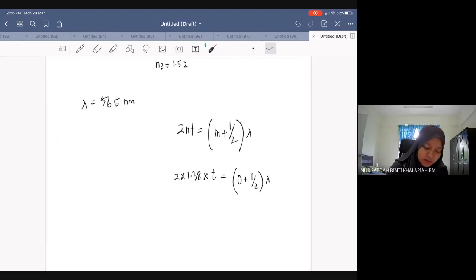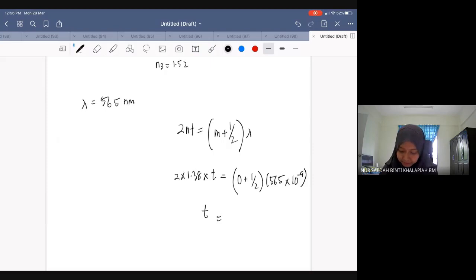Okay, so lambda tadi dia dah bagi ya. So kita boleh substitute lambda kita 565 nano. Barulah boleh dapat jawapan thickness. 2 kali 1.38 bahagi 0.5 bahagi lagi dengan 565.